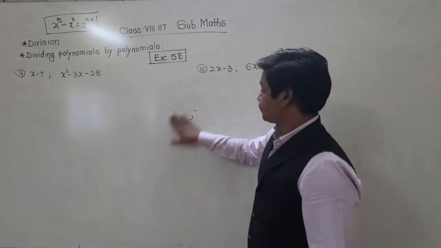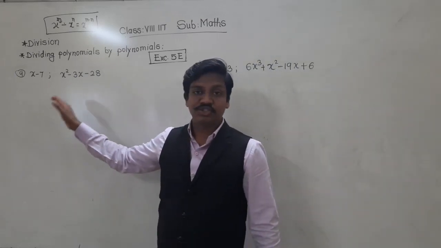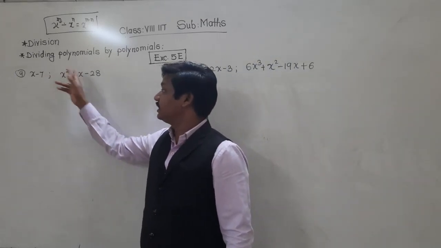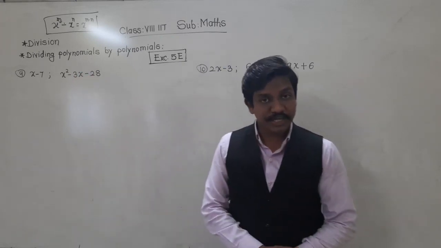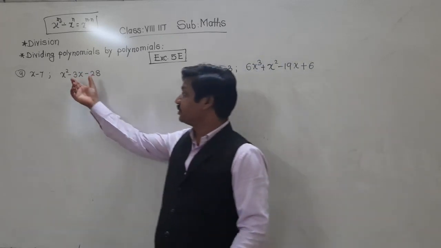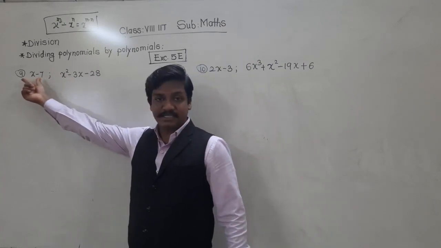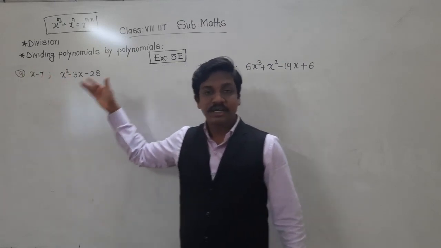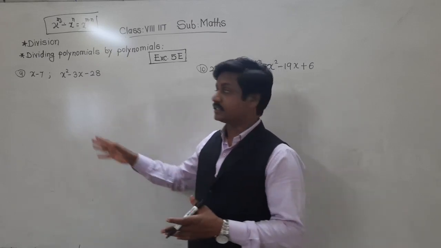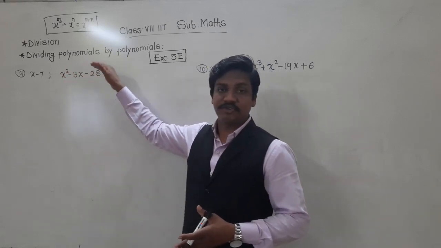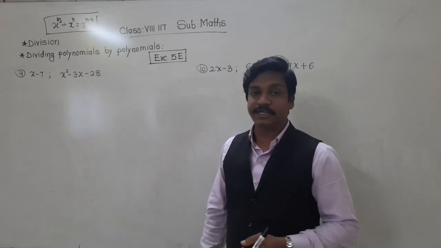So here they have asked to check whether x minus 7 is a factor of x square minus 3x minus 28. So how to check? Yes, we have to divide this by x minus 7, and in this division, if the remainder is 0, that means yes, x minus 7 is a factor of x square minus 3x minus 28.